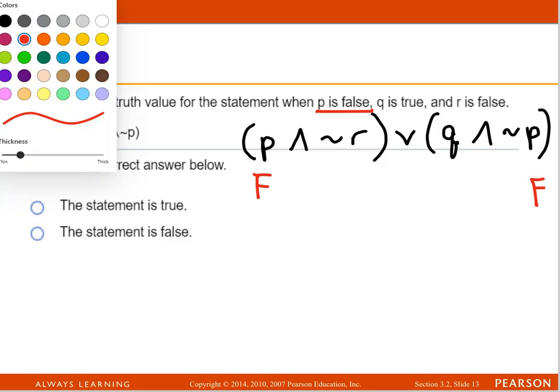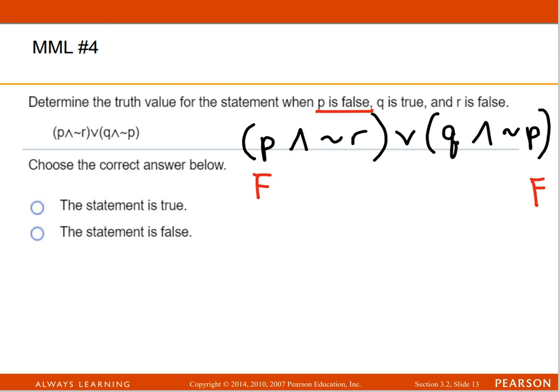And then it says when Q is true, here's my Q, so I'll put a T right beneath the Q. Wow, I swear I haven't been drinking.